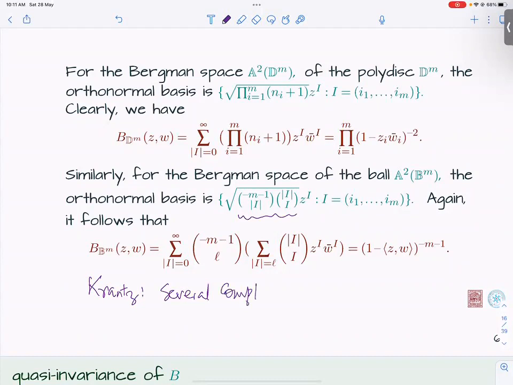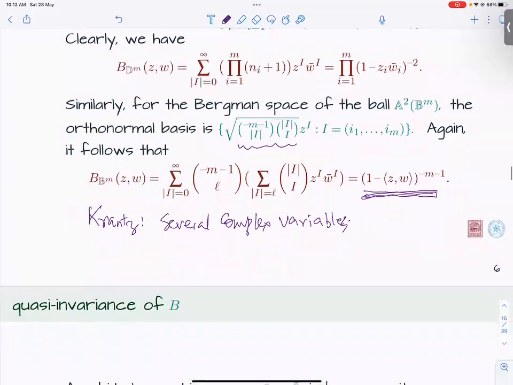Both of these computations are in this book here. And for the Euclidean ball, the Bergman kernel is 1 minus the inner product of z and w to the power minus m minus 1.